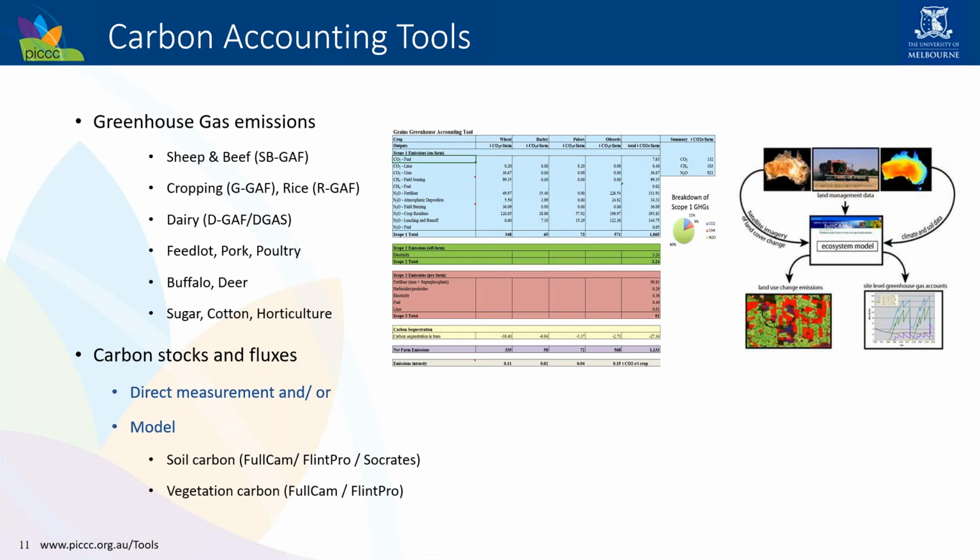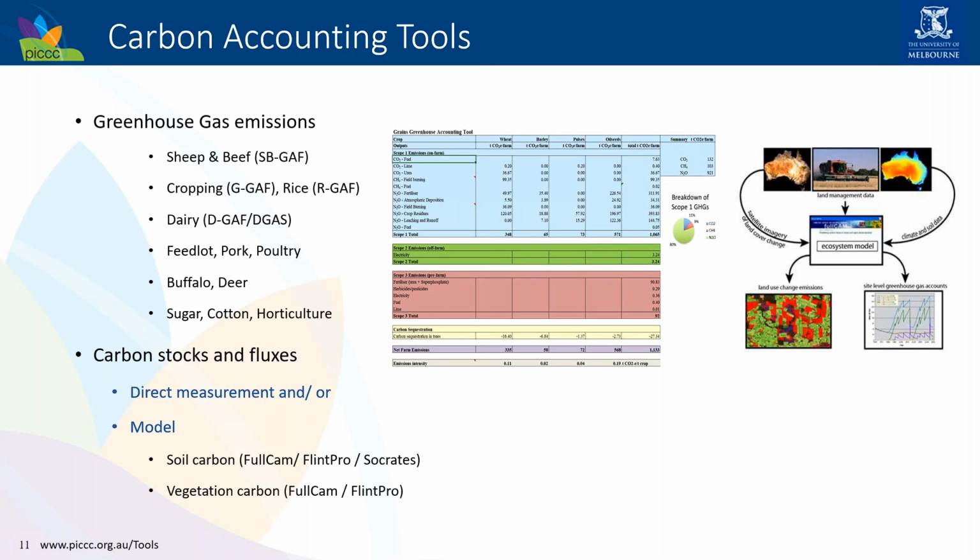So these tools are aligned to the Australian National Greenhouse Gas Inventory. They use the correct emission factors from that inventory and the similar equations. These are Excel-based tools, and they can be found on the PIC website. They're free to download. Over the years, there's been significant development and revisions.